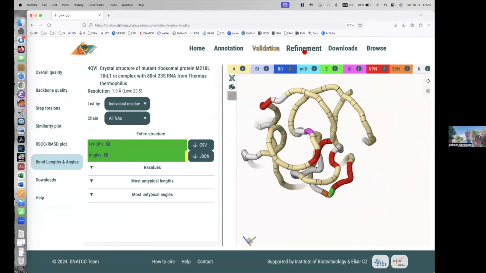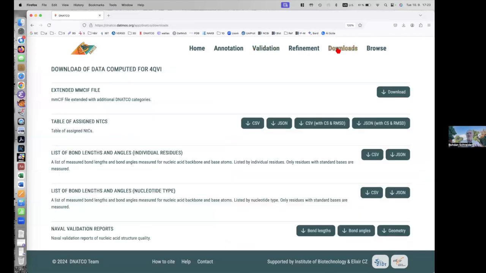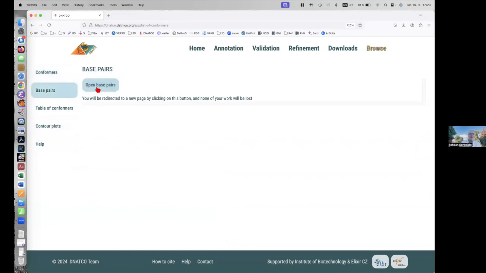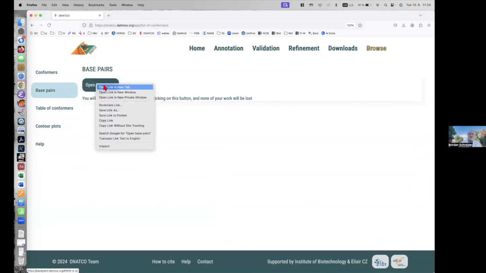Refinement I'll skip. This is a special issue and I think Markéta will talk about it. And you can download a lot of stuff and you can browse, as I said. Again, on the left, you have different types of data you can browse. Base pairing, we would go to the base pairing website I talked about.